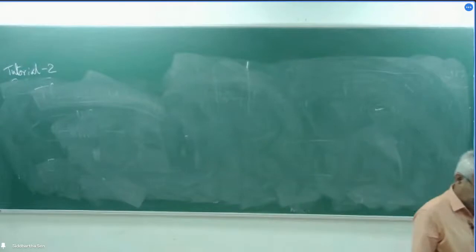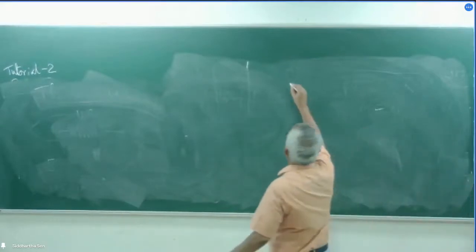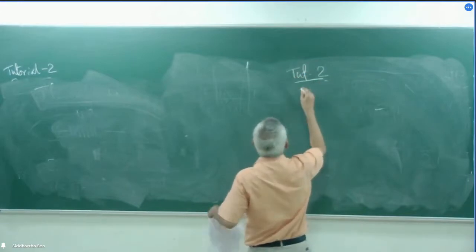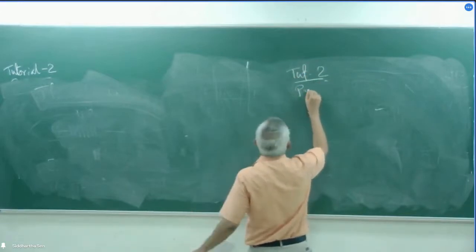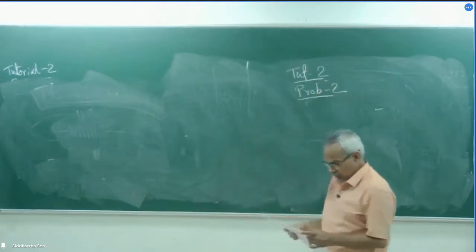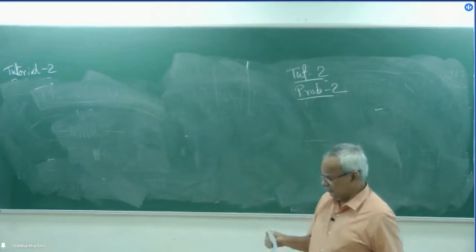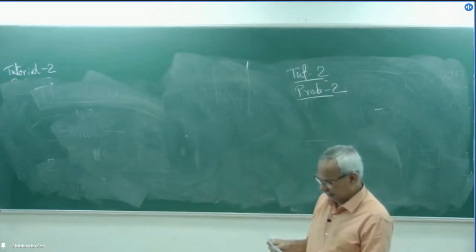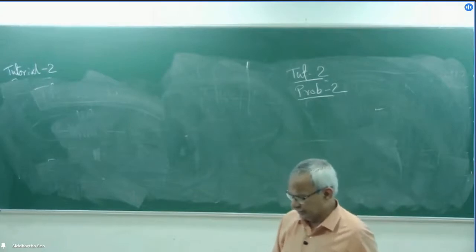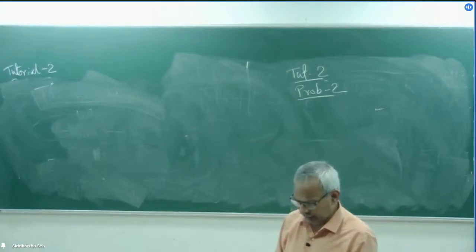So now, that is tutorial problem 2. Did anyone try it? A balloon carrying a first order thermometer with a 15-second time constant rises through the atmosphere at 6 meters per second.